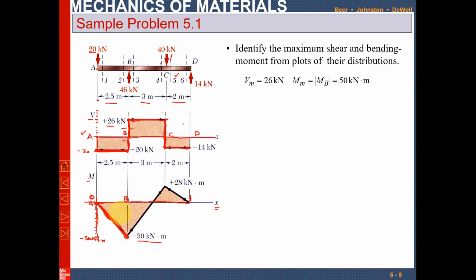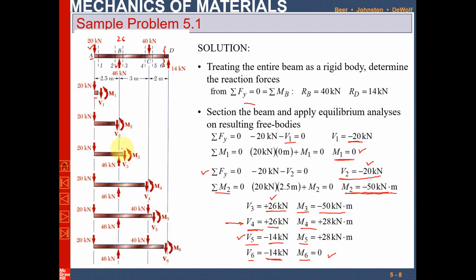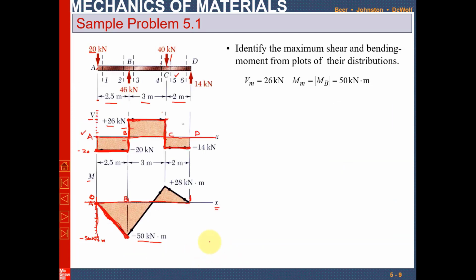Now at point B, you can see that the moments before point B, which is 2, and after it, are the same. Clear? So this is M2, and it is also equal to M3, which is minus 50 kilonewton meter.